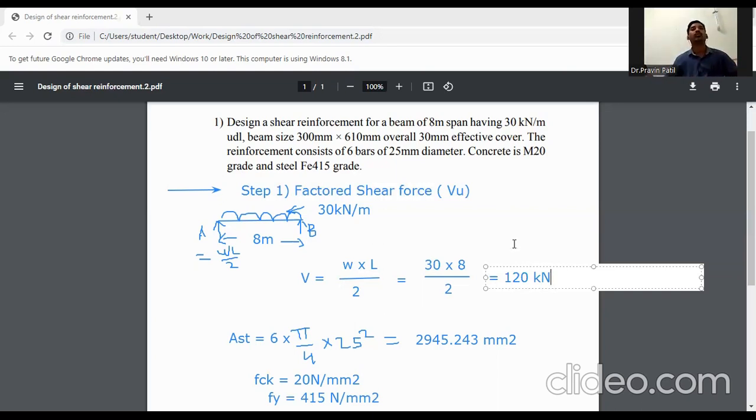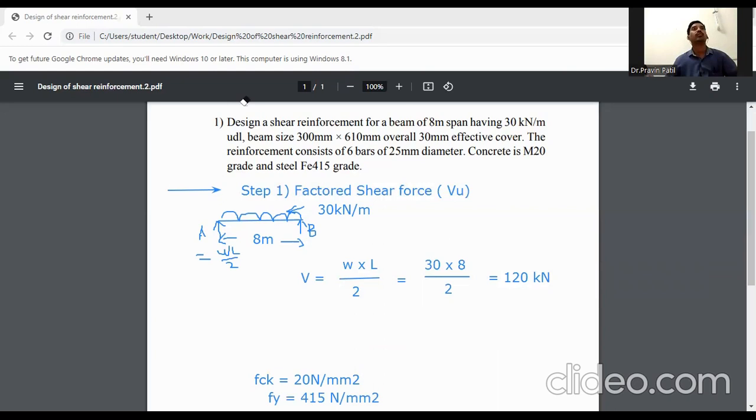So factored shear force VU is equal to V into 1.5. Factored shear force it is 120 into factor of safety 1.5. Okay.